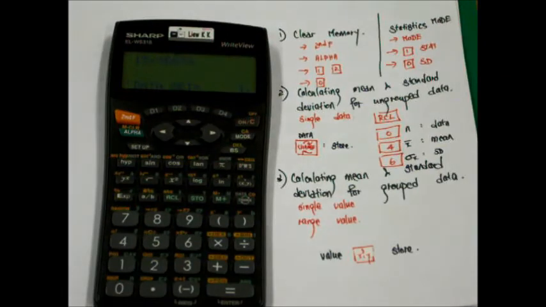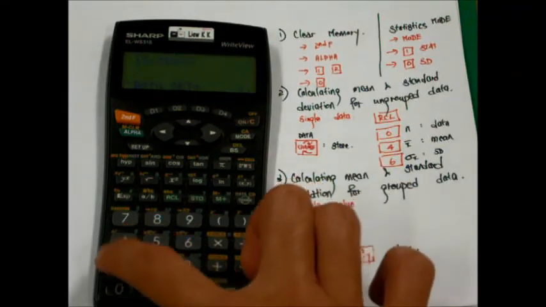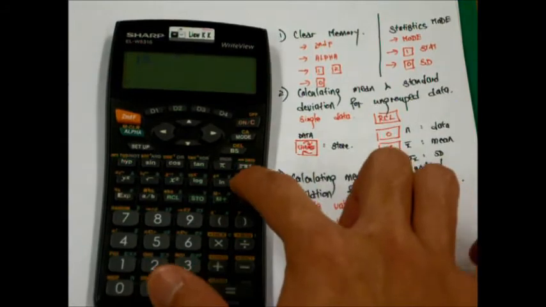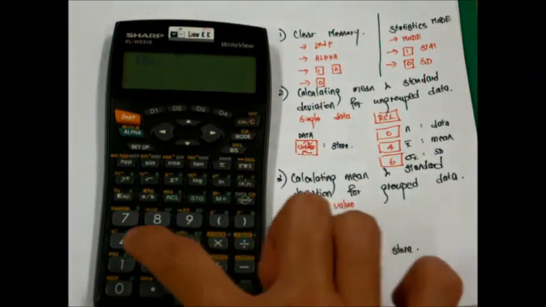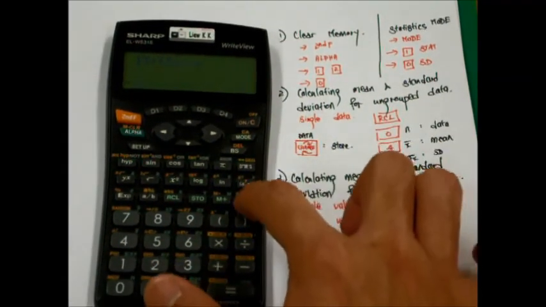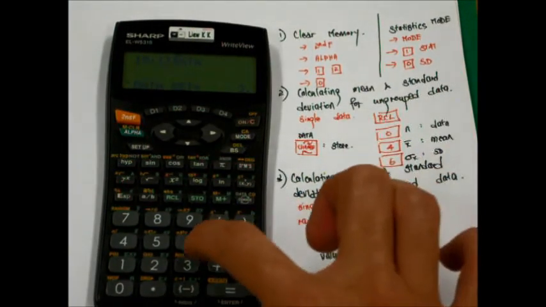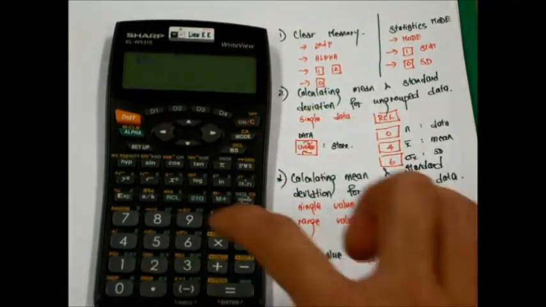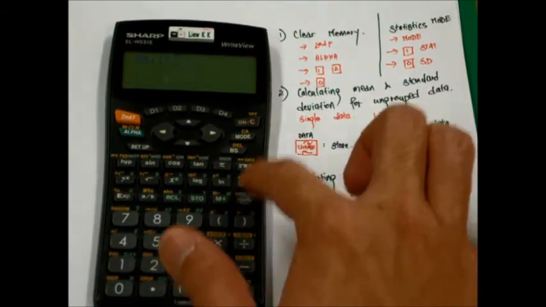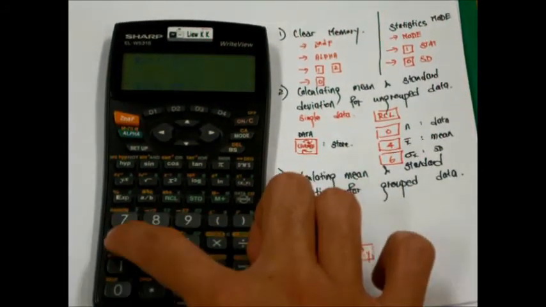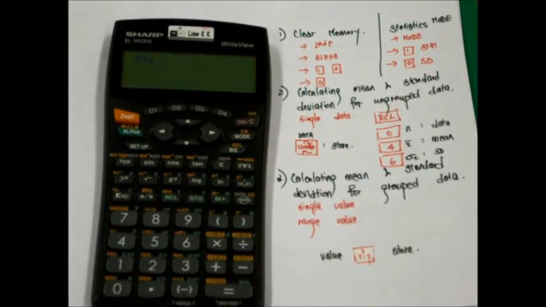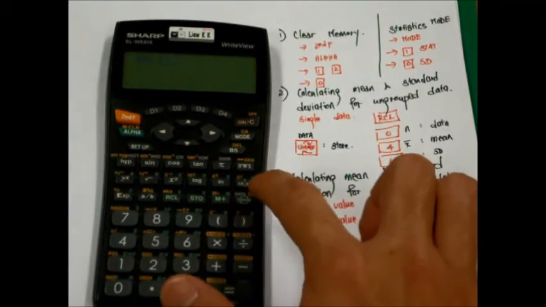Next, we have 25. The frequency is 13. Store it in. Followed by 35, comma, 17 as the frequency. Store it in. Last but not least, 45, comma, frequency is 11.